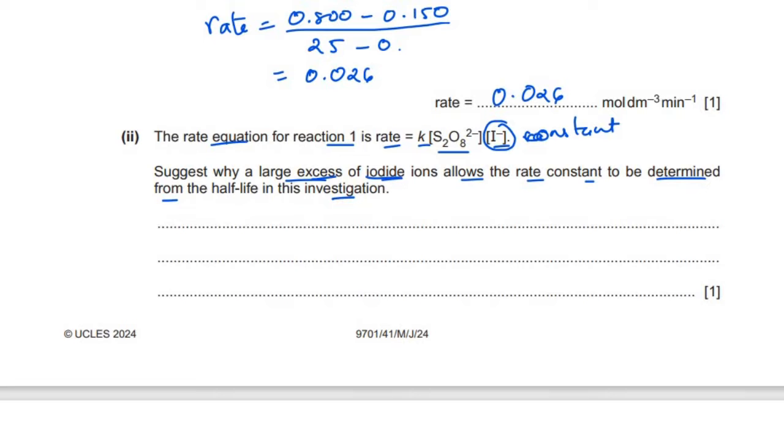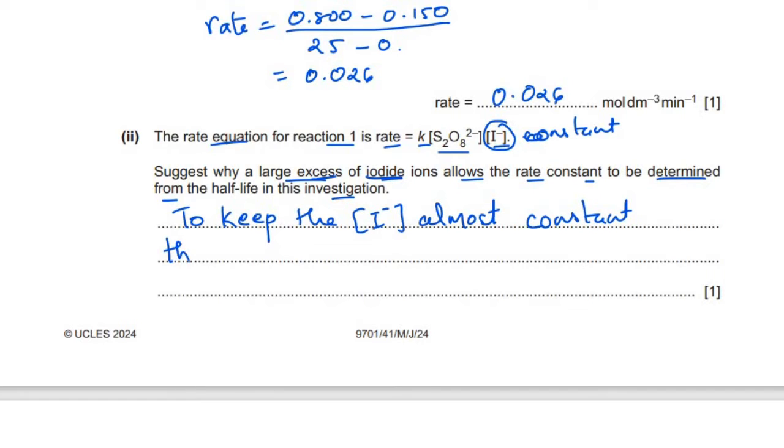So the reason is to keep the concentration of iodide ions almost constant throughout the reaction. It means we can change the concentration of persulfate ions but not the concentration of iodide ions. That's the main reason. Let's go ahead with the next part.